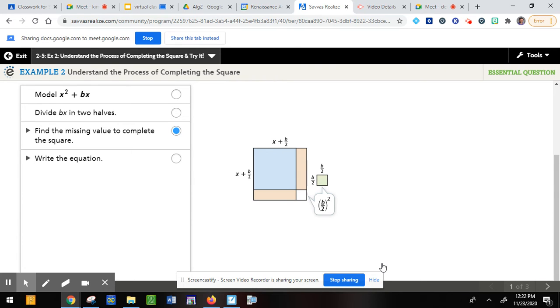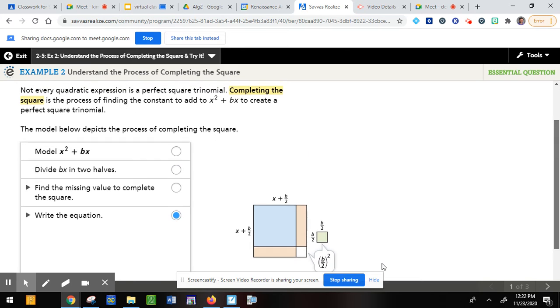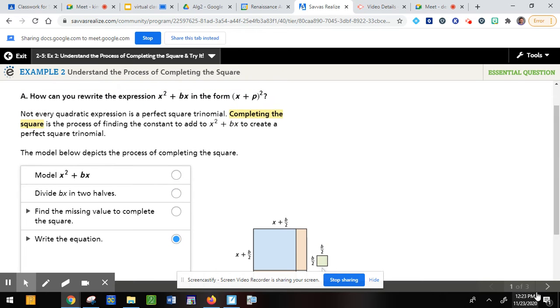And then when you go to write the equation, x squared plus b divided by 2, x plus b divided by 2 squared. That all probably seems like nonsense, but let's talk about the process of what you're actually going to do. That's just trying to give you a visualization of why what I'm about to say actually works.